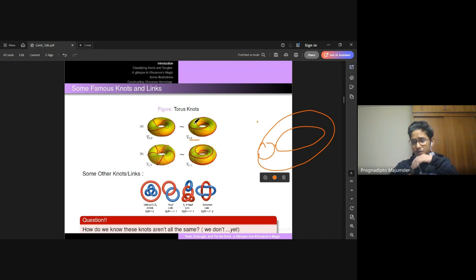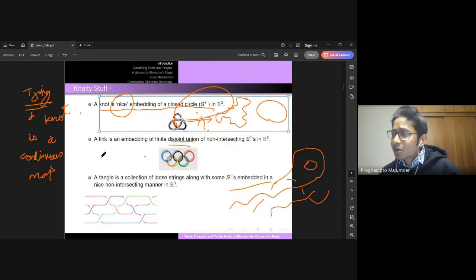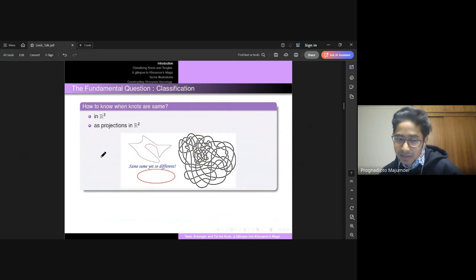And the biggest question is, how do you say that 2 knots are same or different? The problem which Tait faced, and he did not face maybe himself, but there are a lot of diagrams representing the same knot. Now our question is, so when do we call 2 knots as same or different? And just have a look.